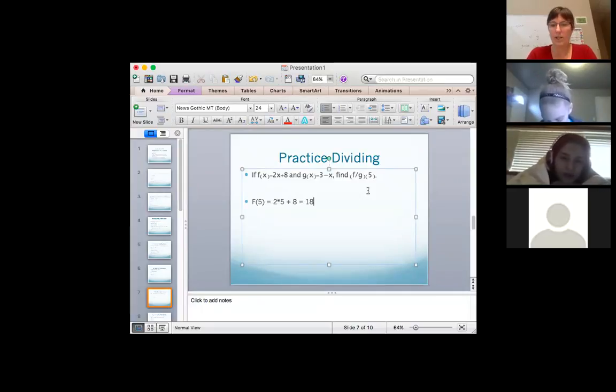So that's equal to 18. And then g of x is going to be 3 minus 5, which equals negative 2.